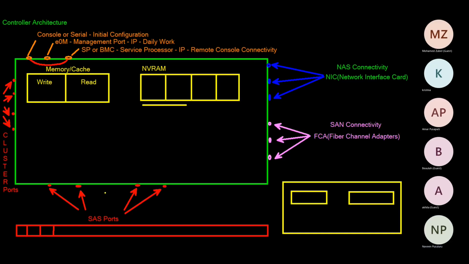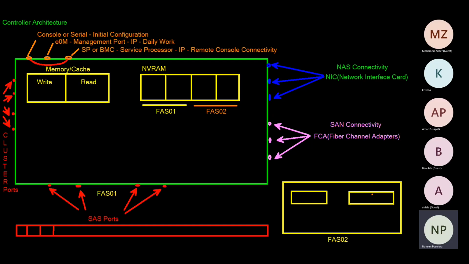Let's assume this controller's name is Fast01 and the partner controller's name is Fast02, for my convenience, so that I can explain clearly. The first two parts belong to the local controller, Fast01. The second two parts of the NVRAM belong to the partner controller, which means Fast02.